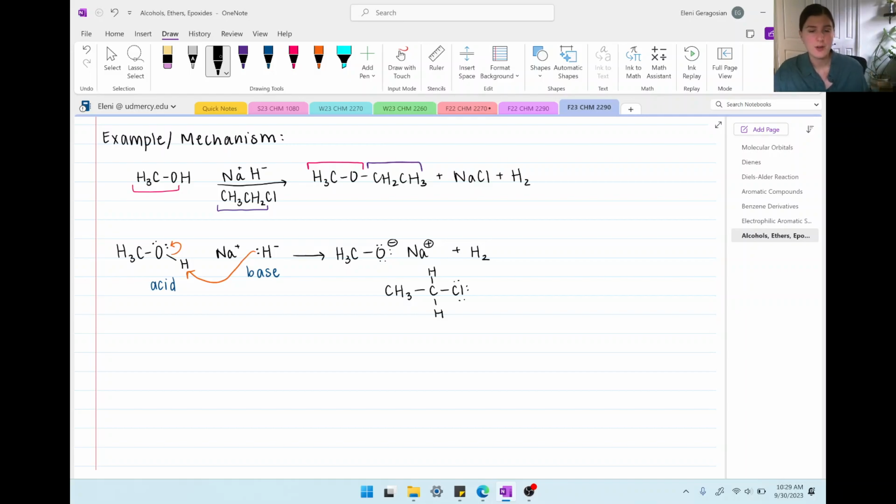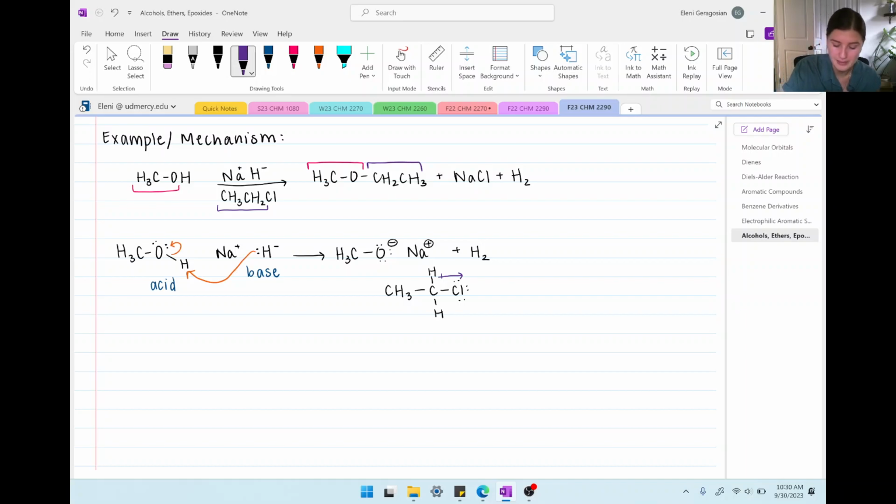Now you might remember from Organic Chemistry 1, when we have an alkyl halide, so in this case the chloroethane, that chlorine to carbon bond is a polar bond that pulls electron density away from this carbon. That makes it an electrophilic carbon. This is where a substitution reaction can take place.